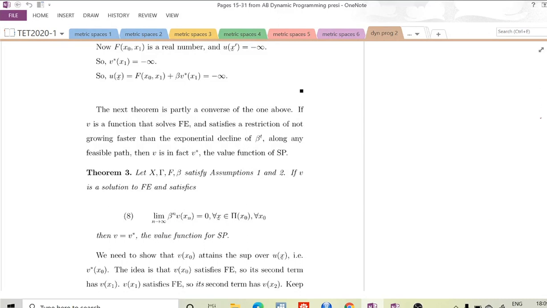So the next theorem, theorem 3, is a sort of converse of the theorem above. In what sense?